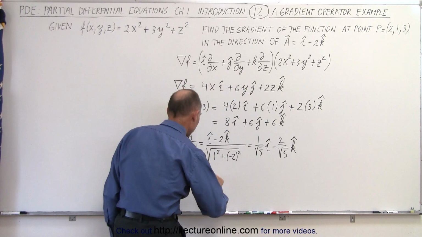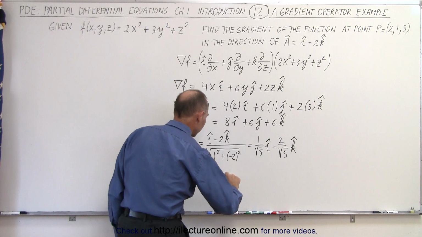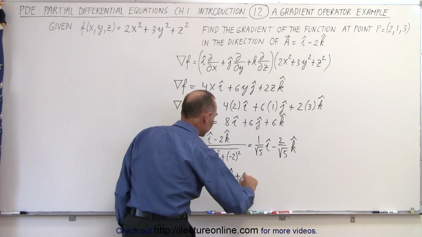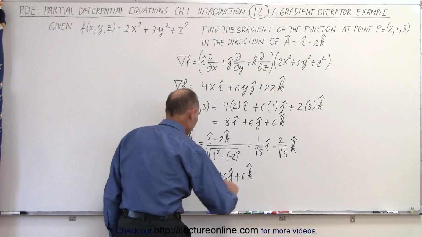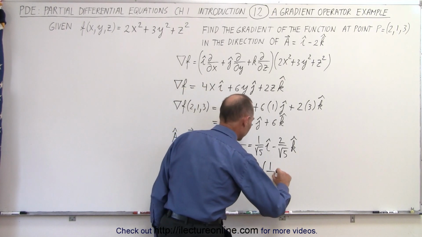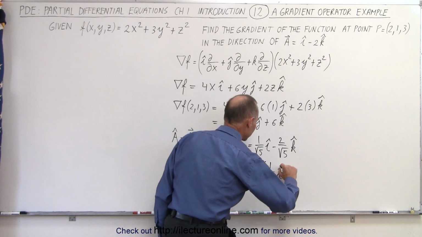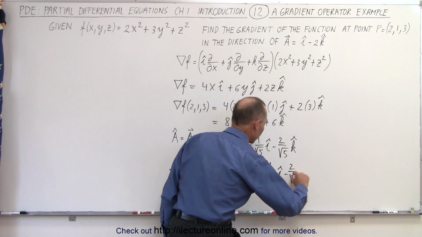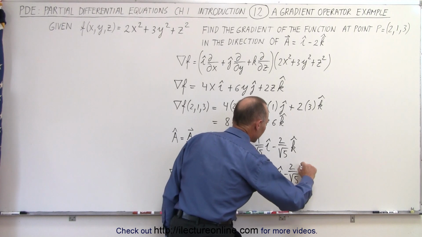That gives us 8i plus 6j plus 6k. Then we do the dot product with the unit vector a, which is 1 over the square root of 5 in the i direction minus 2 over the square root of 5 in the k direction.